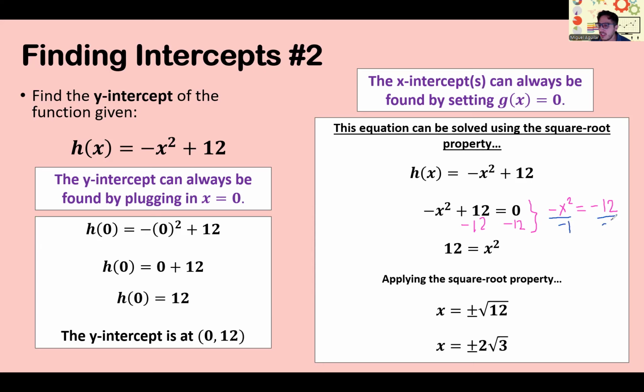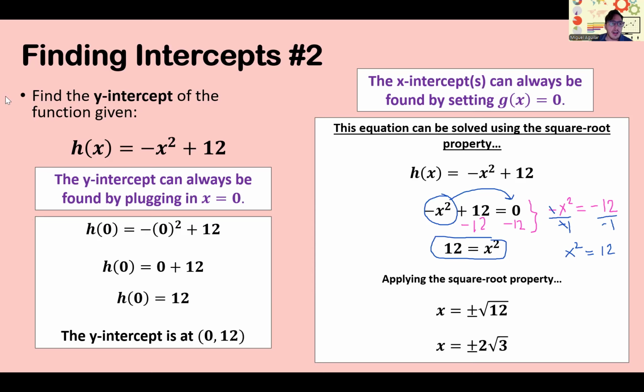So if you do it this way, you just have the extra step of trying to cancel out these negatives, and then you get x squared equals +12. And then we're right exactly where we were before. But it took us an extra step or two. Okay. So that's why I always recommend moving the x squared to make that a positive, because I think it just goes a little bit more smoothly.